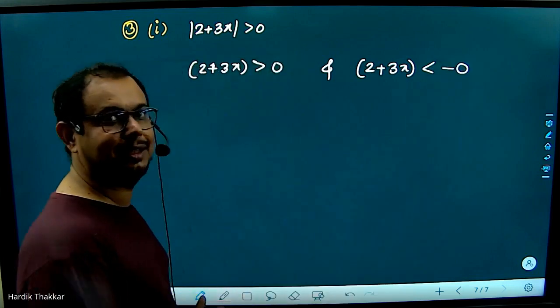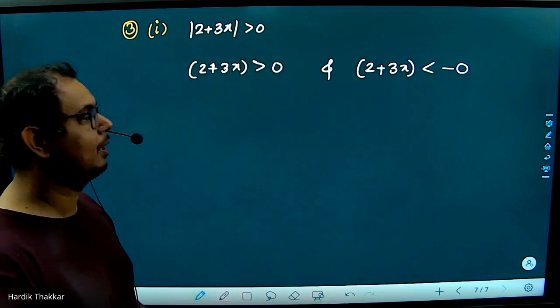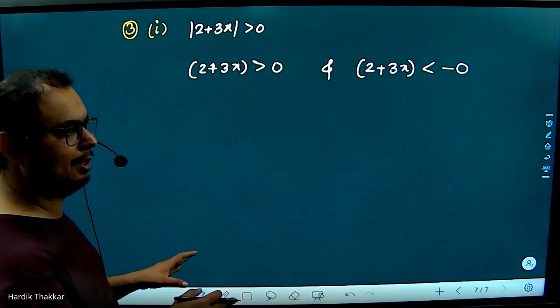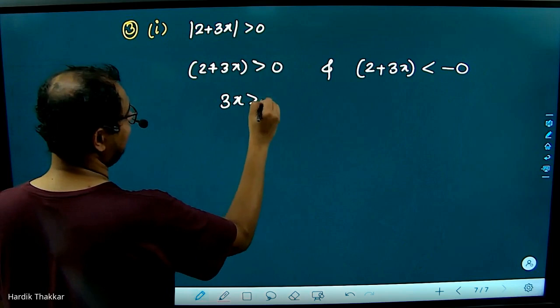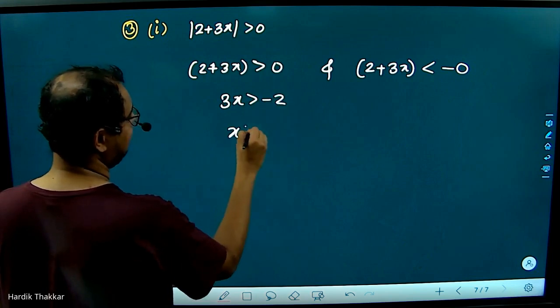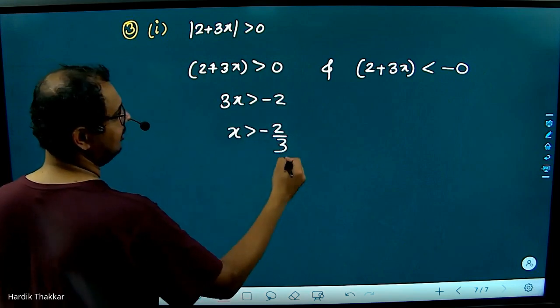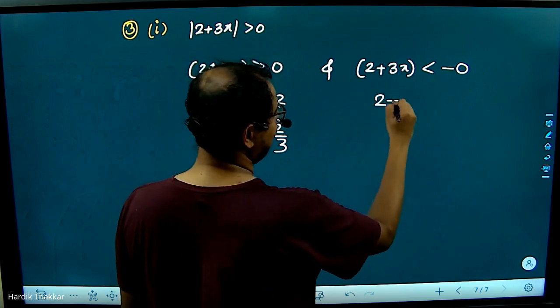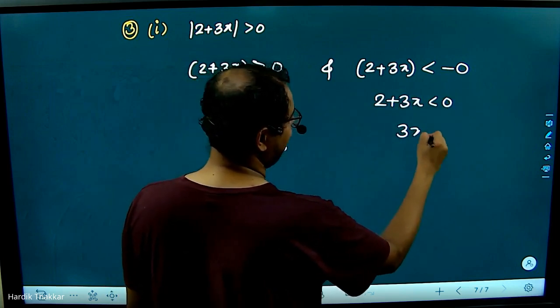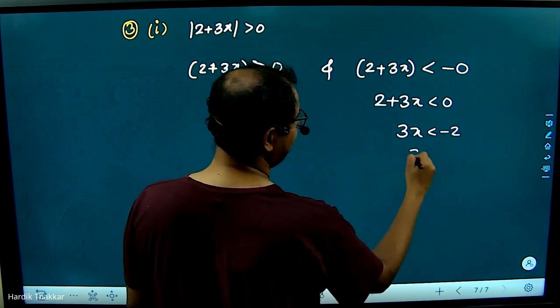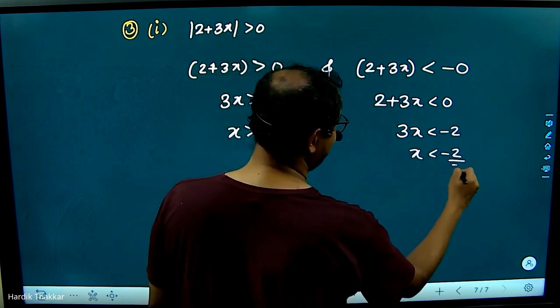Here also we are doing the same. Further, when we solve this, it is 3x greater than minus 2 and x greater than minus 2 by 3. Whereas in this case, it is 2 plus 3x less than 0, minus 0 is 0. So 3x less than minus 2 and x less than minus 2 by 3.